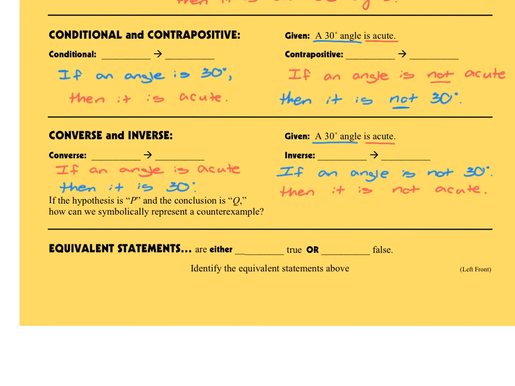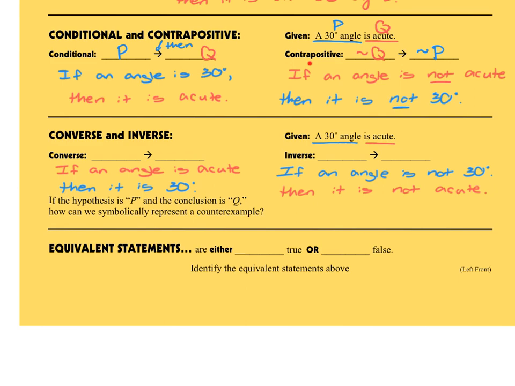If I call the hypothesis P and the conclusion Q, the conditional can be represented symbolically by: if P, then Q. The contrapositive, however, started with Q, and I had the not in there, which meant I negated it, and I ended with what had previously been identified as the hypothesis, negated.